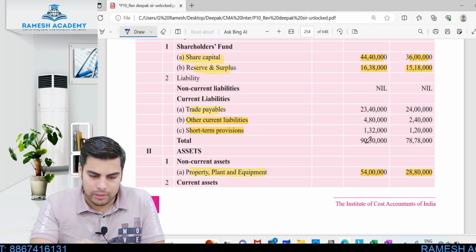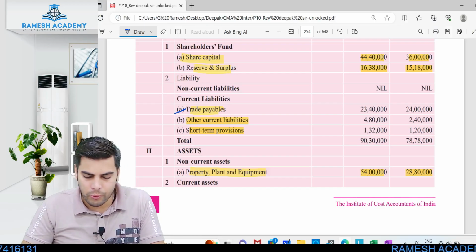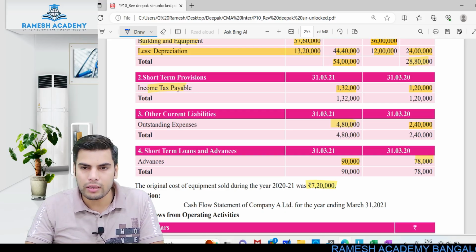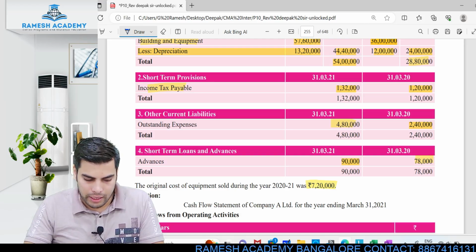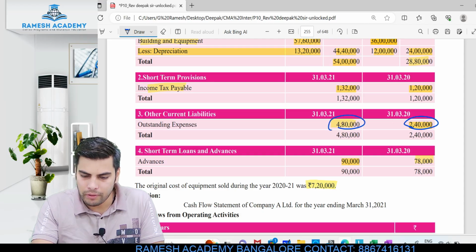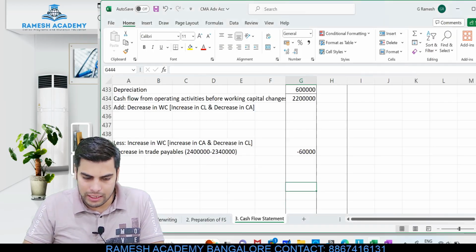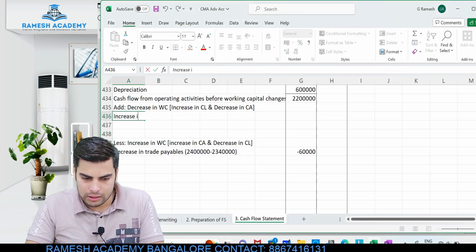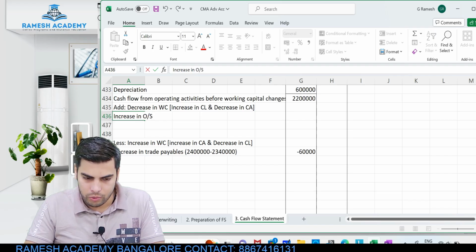Yeah, after this what else? So trade payables done. When it comes to other current liabilities, let's just look into the notes to accounts. So when it comes to other current liabilities, what do we have? Yes, we have got outstanding expenses, right? So what is happening to outstanding expenses? From 2 lakh 40 it has become 4 lakh 80. So there is an increase in the current liability. So what are we supposed to do? Increase in outstanding expenses.